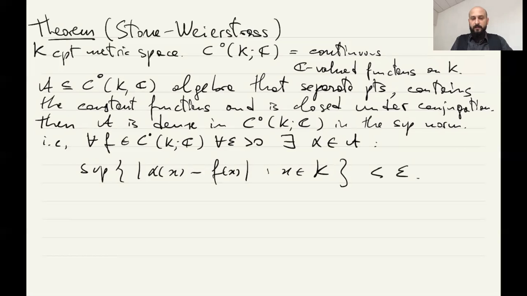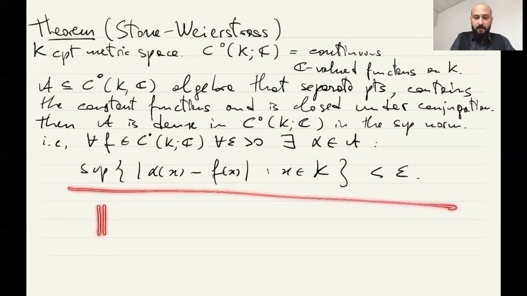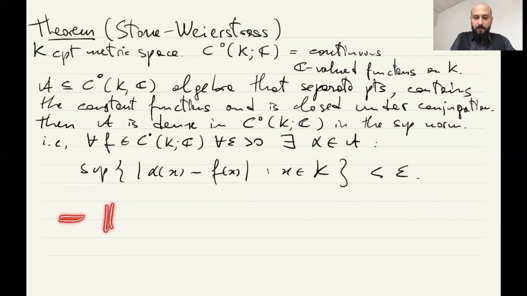This is the Stone-Weierstrass theorem. Now if you consider alpha and f to be L infinity functions, then this is exactly the infinity norm of the difference alpha minus f. So it's the distance between alpha and f.